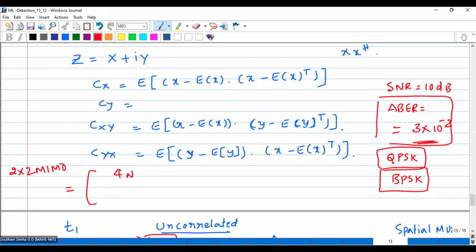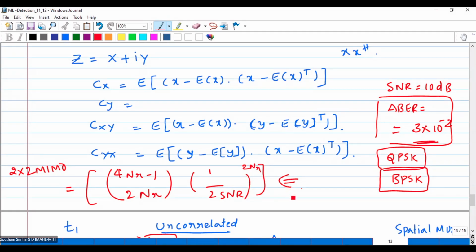It is calculated in terms of 4 NR minus 1 choose 2 NR, and 1 by 2 SNR to the power of 2 NR. I hope this will work out, because no textbooks will give you this.